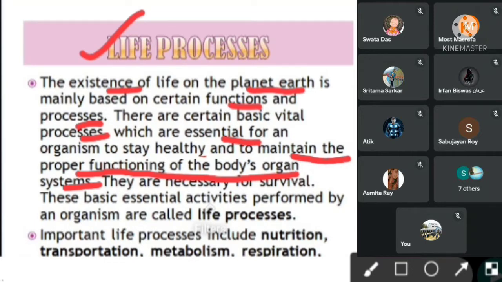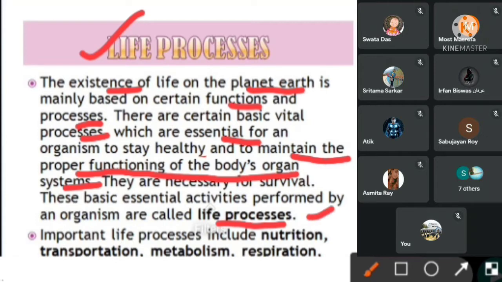They are necessary for survival also. These basic essential activities performed by an organism are called life processes. So these necessary activities performed by organisms are known as life processes.